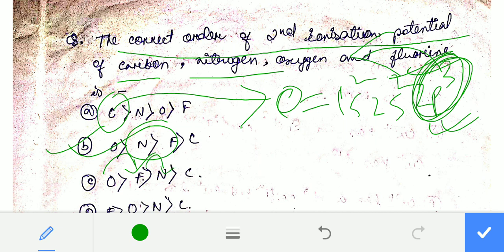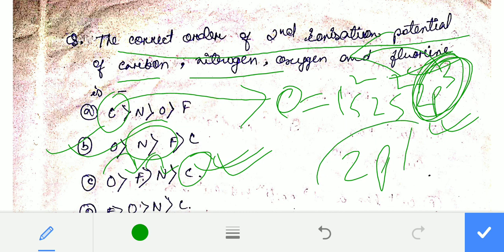Then it will be nitrogen, and at last the carbon atom, from which one can easily remove an electron from the 2p1 orbital. So the right trend of second ionization potential will be oxygen, right after it fluorine, then nitrogen and then carbon. So for this question, option C will be the right option, because the second ionization potential of oxygen is highest.